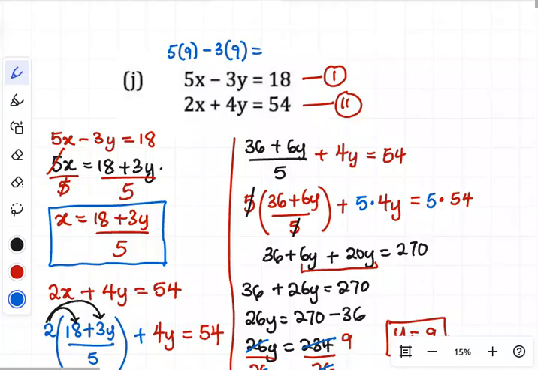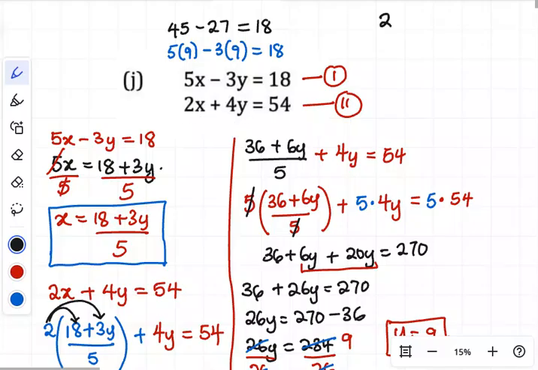Let us see if it will give us 18. 5 times 9 is 45, then minus 3 times 9, which is 27. So 45 minus 27 should give me 18. So that's correct.